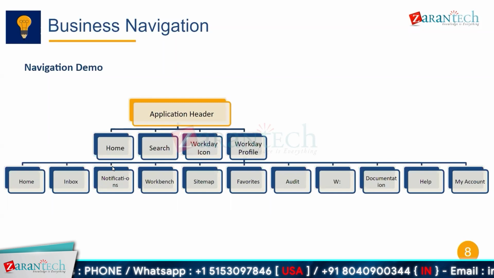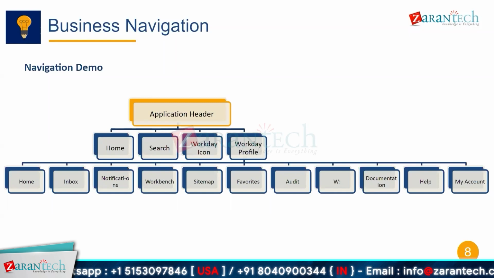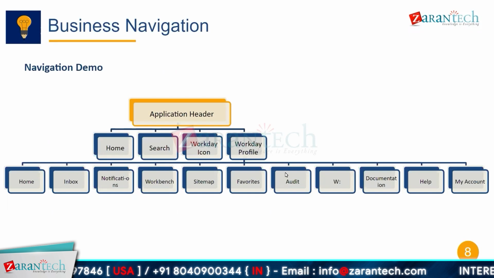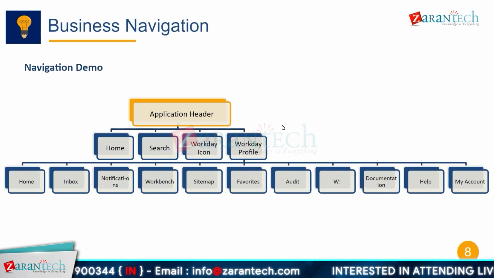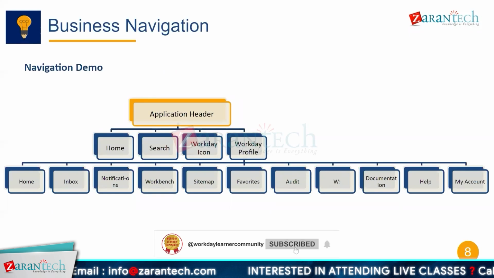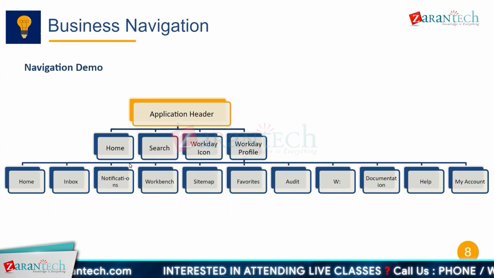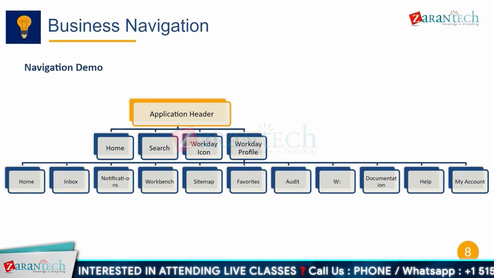How the home page looks, how we can search for different things and options in Workday, how we can identify different options through icons, and what the Workday profile is if you want to take a look at any worker's profile. There is a Workday inbox, there are notifications, and there are different documents available. We are quickly going to take a look at that.